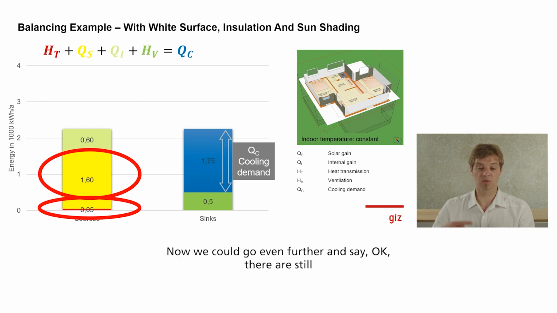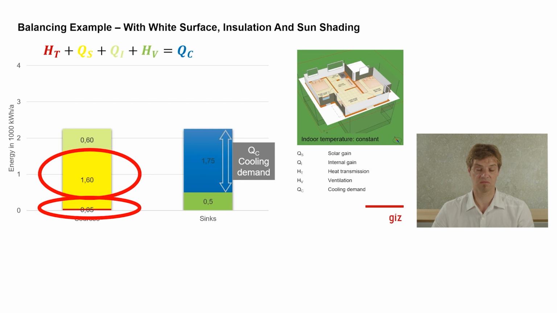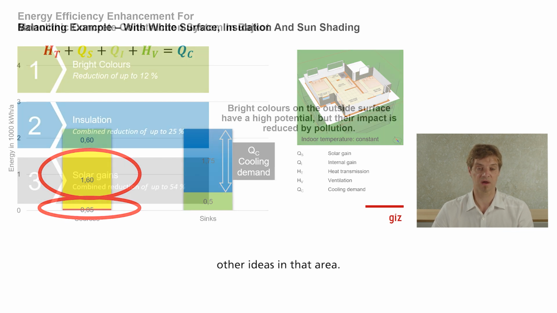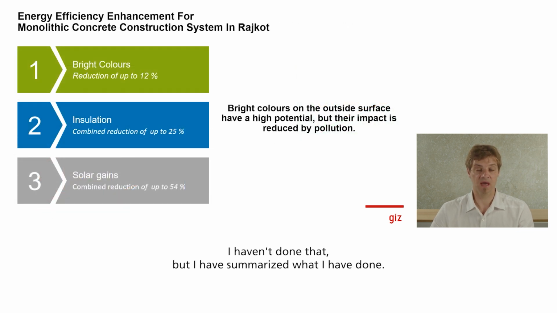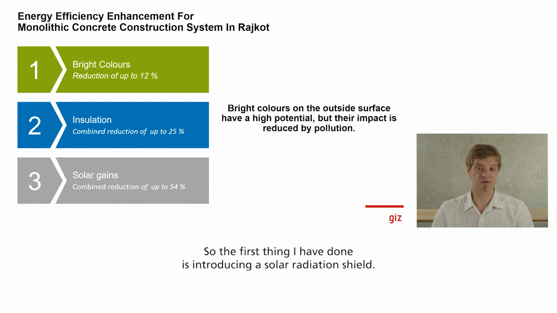And now we could go even further and say, okay, there are still the sinks. We could introduce the sinks so that they are possibly helping us reducing the cooling demand by introducing night ventilation or other ideas in that area. I haven't done that, but I have summarized what I have done. So the first thing I have done is introducing a solar radiation shield.